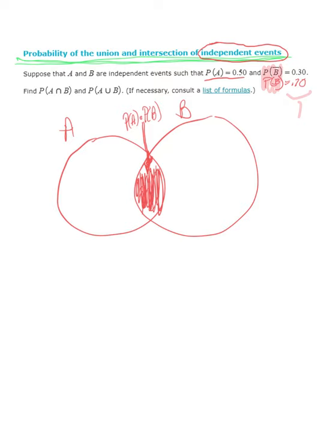And so if that one's 0.30, this one's got to be 0.70. Okay, so I'm back to probability of A is 0.5, probability of B is 0.70. If I multiply those together, I get 0.35. So this area in the middle here is 0.35.